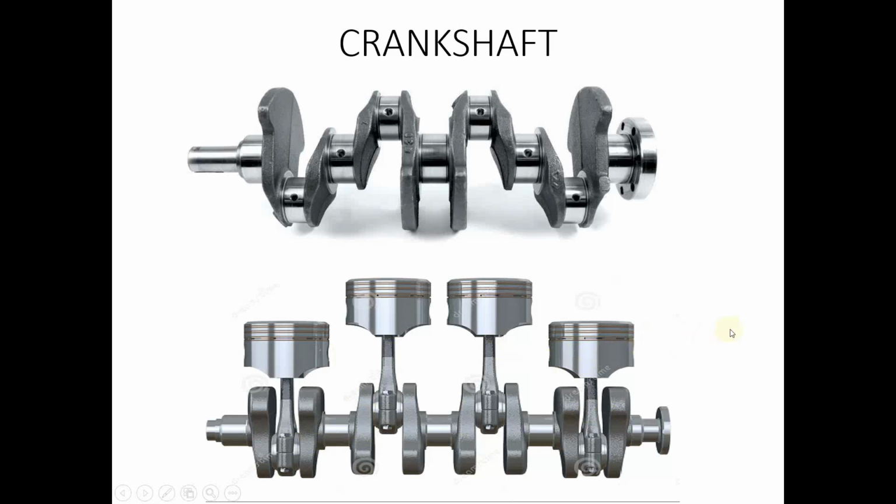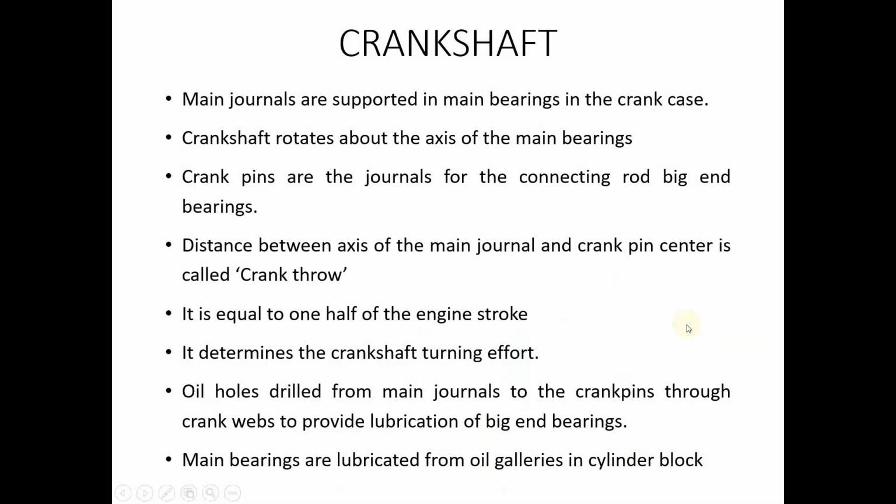That is how it operates, and the angles at which these pistons are mounted will be different. The crankshaft rotates about the axis of the main bearings, and crank pins are the journals for the connecting rod big end bearings.